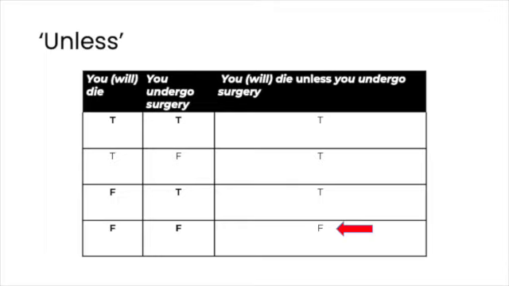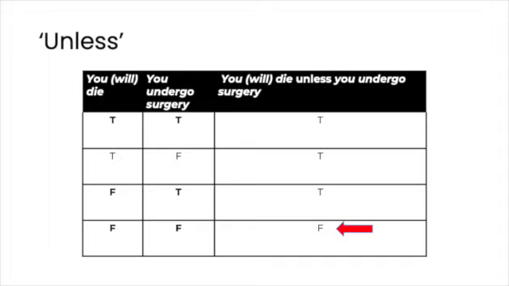Now, it's crucial to notice that the statement doesn't say anything at all about what happens if you do undergo surgery. For all the sentence says, it is still possible that you will die even if you underwent surgery. But the surgery at least gives you a chance of surviving, which you wouldn't have if you didn't undergo surgery.